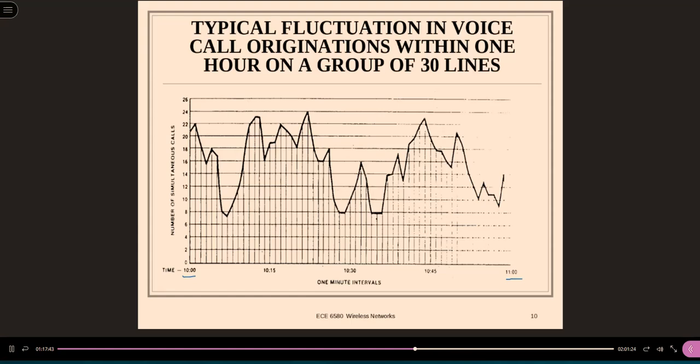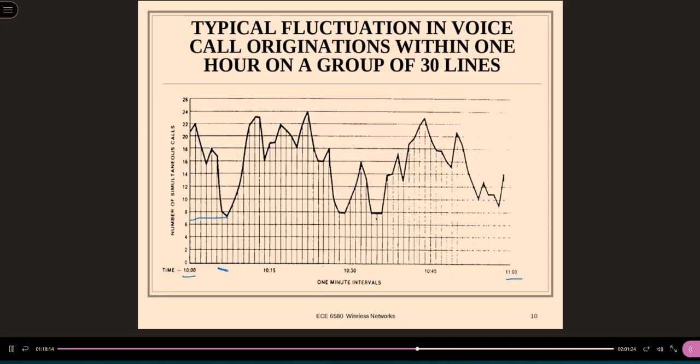And the instant of time is, as you see here, divided up into 1 minute intervals. So in the interval from here to here, you have this many arrivals. So this is a sample function of a stochastic process. And of course, different times, different days, different places, you're going to get different sample functions like this. And the collection of all these sample functions across the network is the stochastic process.